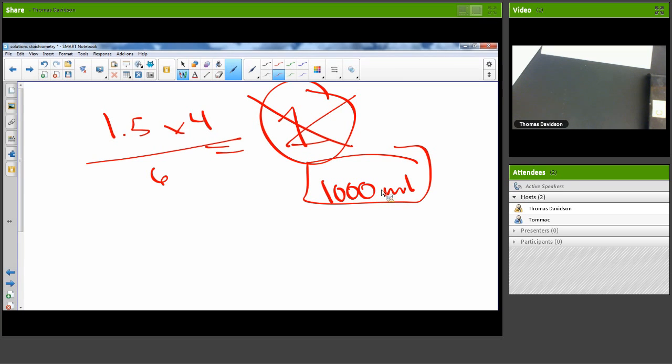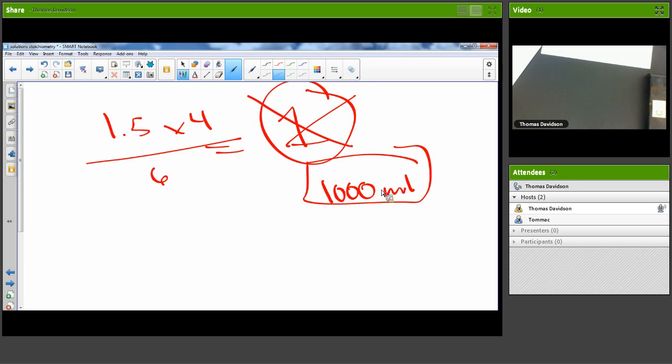It says 65 milliliters of a solution of nitric acid is titrated with 40 milliliters of 2.5 molar NaOH until the solution reaches a neutral pH. What was the concentration of HNO3?